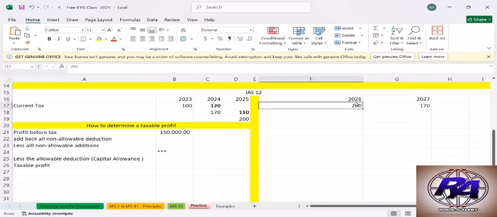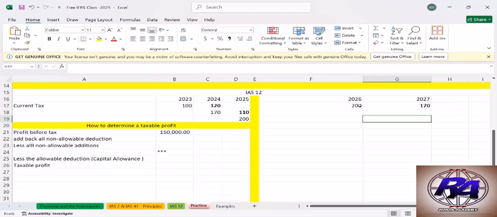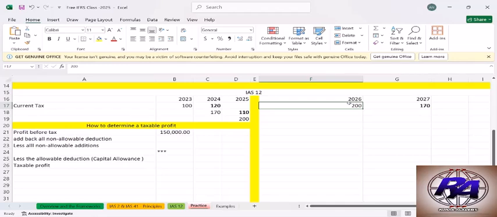What we provided for is more than what we are paying. Anytime that happens, that scenario is what we call over provision of tax.